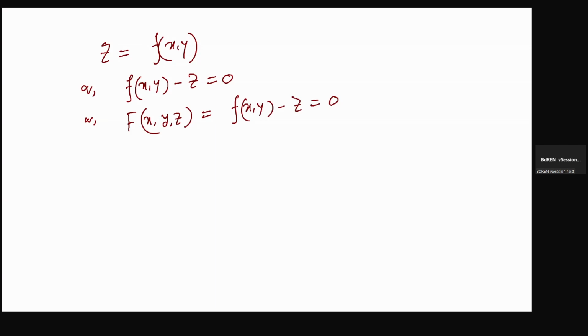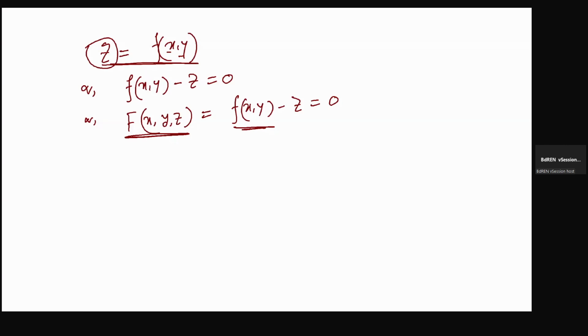Look at that: this is the function having 3 variables, and this is the function having 2 variables. So when we have a 2 variable function where z is the dependent variable and x y are the independent variables, we can convert it into a 3 variable function. The same thing we did for the level surface.